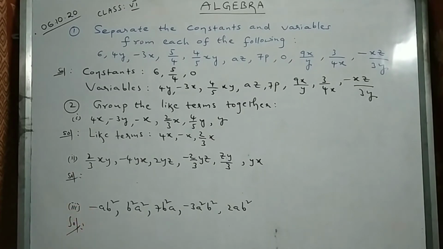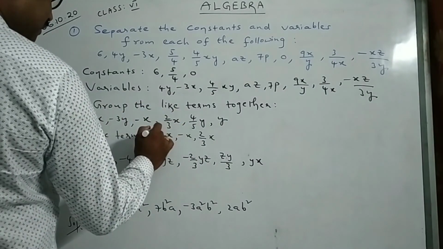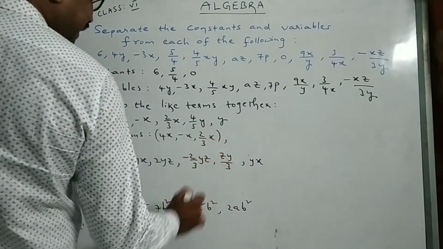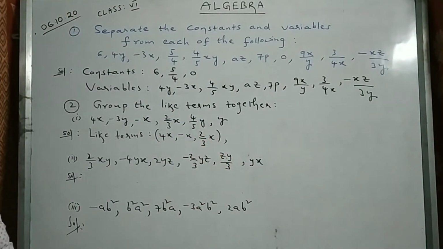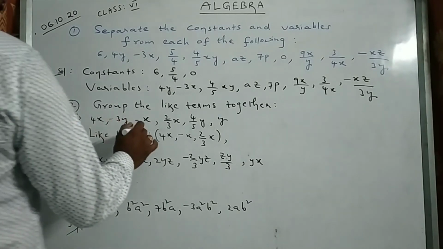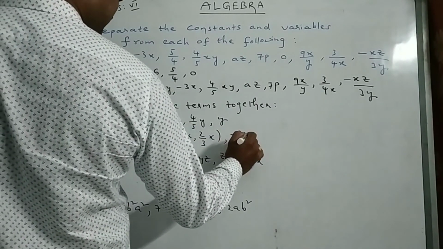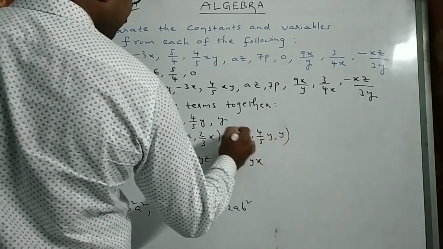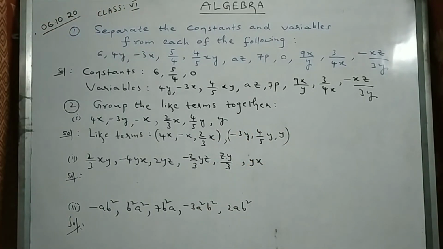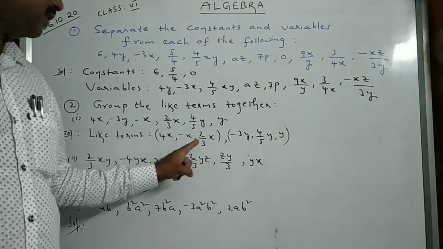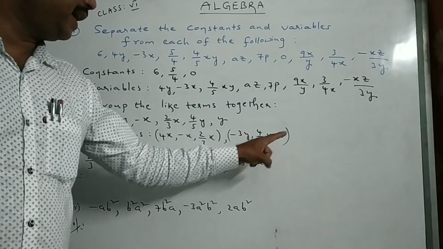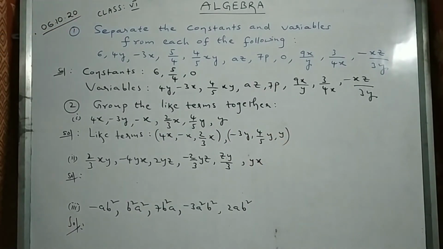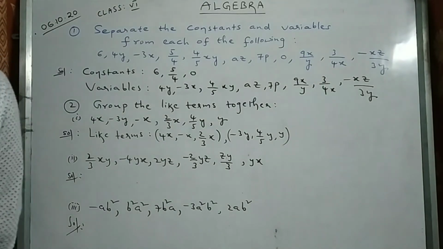Like terms means I told you variables must be same. X, x, x. Constants can be any constant, but no problem. Variable should be same. So minus 3y, 4 by 5y, y. Those are like terms. X, x, x, y, y, y. So that way you can arrange. They are called like terms.